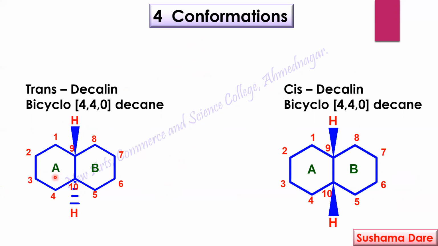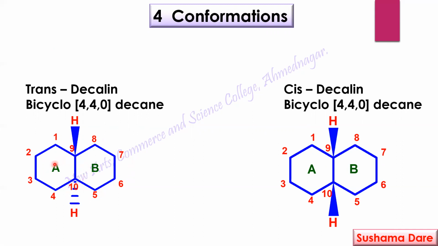First of all, you name the first ring as A and the second ring as B. The numbering in this case starts from this carbon, then continues up to 4, then the numbers at the fused carbons are given at the end of ring A. So numbers 4, 5, 6, 7, 8, 9 and 10.